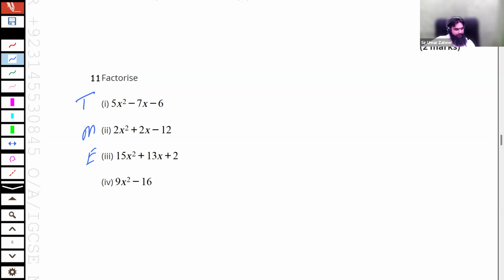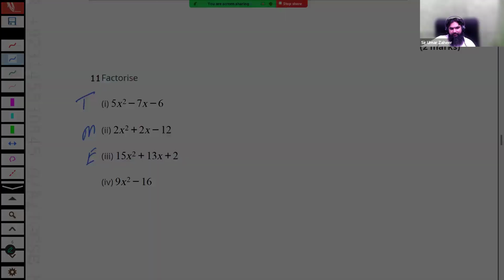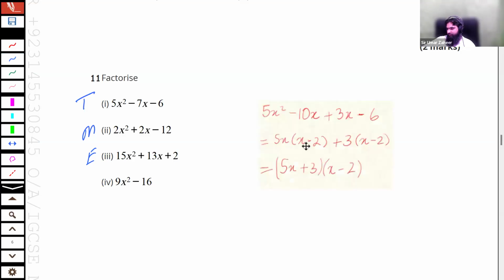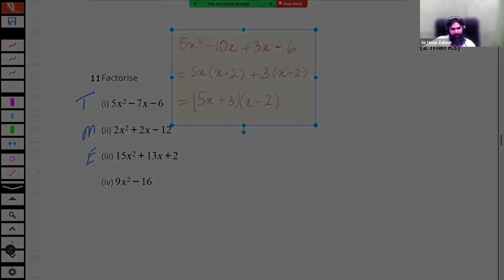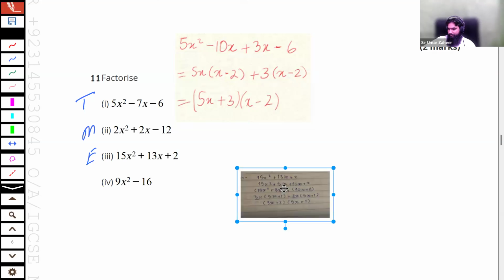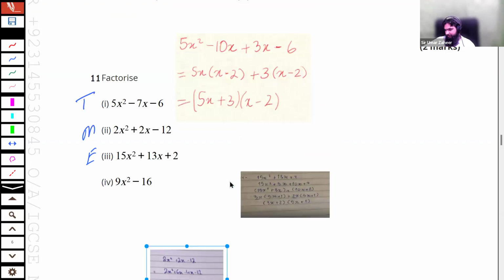All right, I see the picture. Saving the picture from Mustafa. Yes, everyone, do the last one, the fourth part.